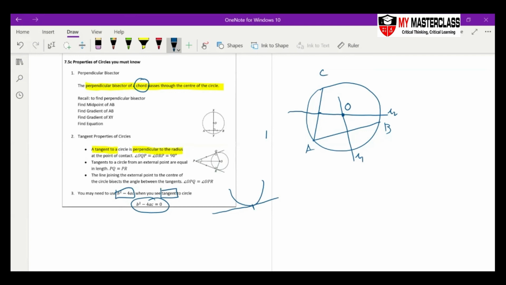Number one, the perpendicular bisector of any chord will pass through the center of the circle. Number two, if you see the word tangent, it is perpendicular to the radius. Okay, and when it is perpendicular to the radius, you may also need to use b squared minus 4ac equals 0.